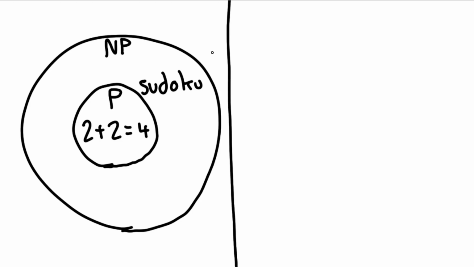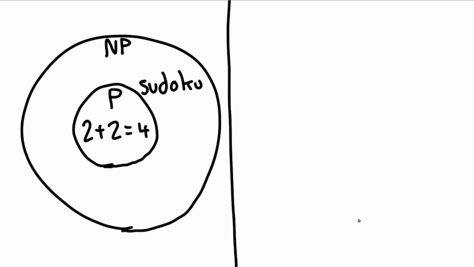Now, the big open question: does P equal NP? This is asking whether all problems that are easy to check, which is NP, have answers that are easy to find.